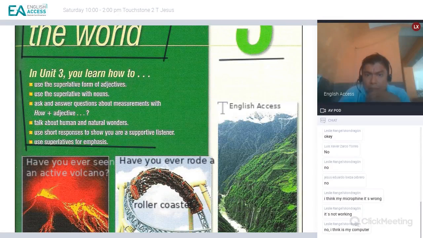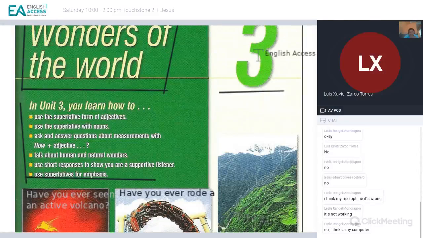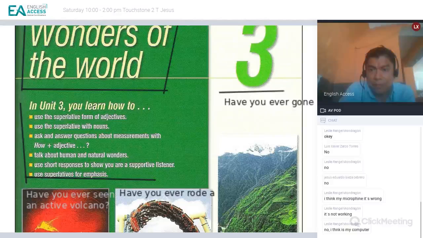Have you ever gone hiking in a beautiful or great canyon?